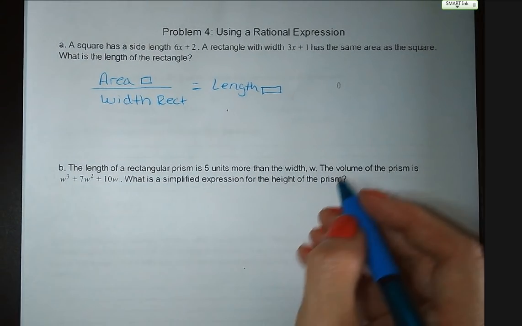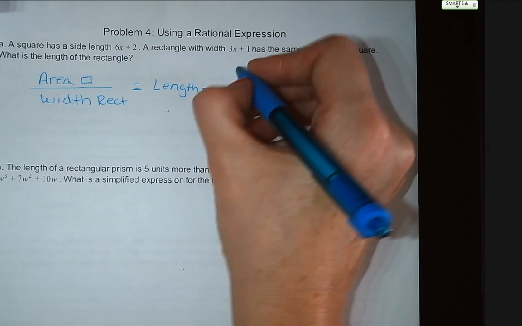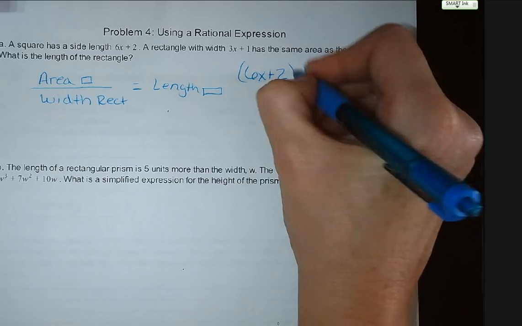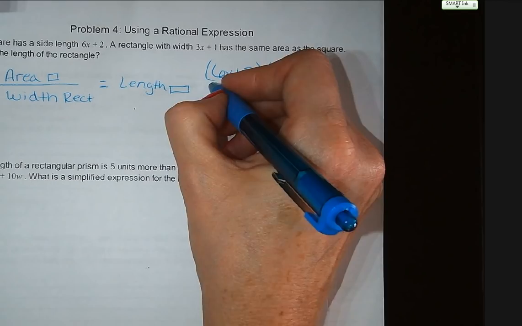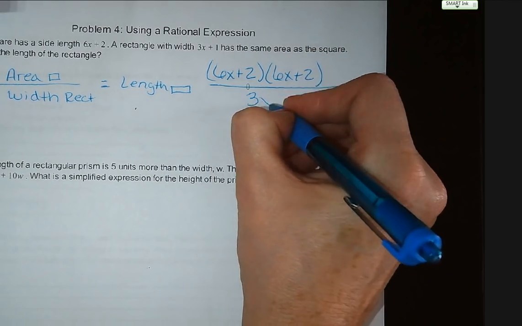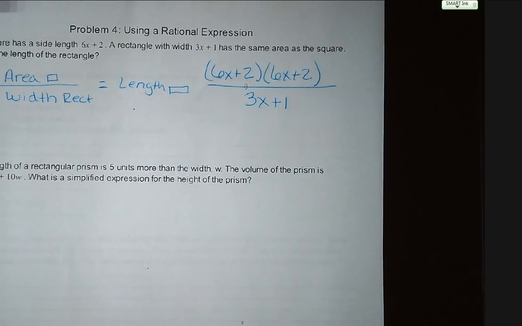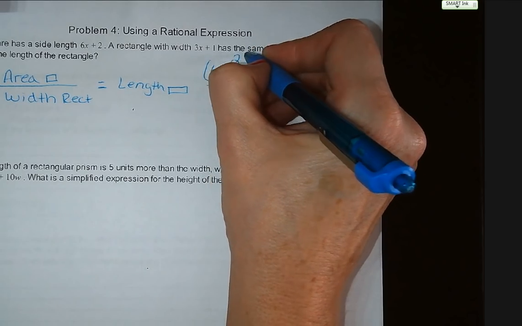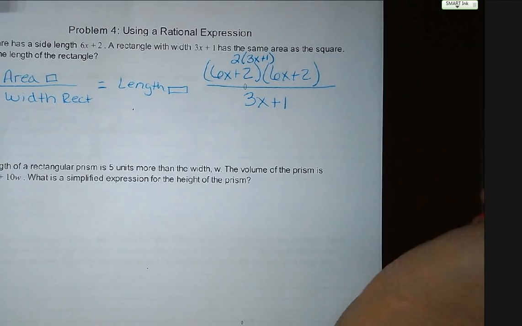All right, so the area of our square is going to be 6x plus 2 times 6x plus 2. Okay, and our width of our rectangle, we're told, is 3x plus 1. Well, that's 6x plus 2. Can we factor something out of one of those? I do believe we can. So we can make one of them 2 times the quantity 3x plus 1.